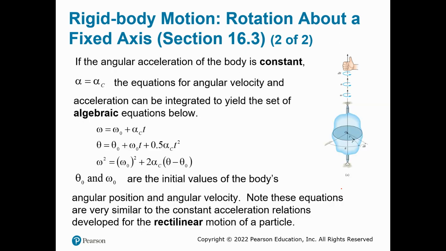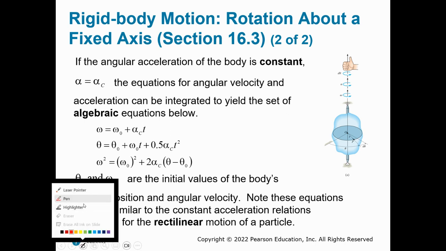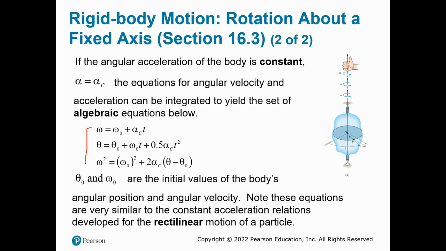If the angular acceleration of the body is constant, so I have alpha equals alpha c, where alpha refers to angular acceleration, the equations for angular velocity and acceleration can be integrated to yield the set of algebraic equations shown below. Notice that these three master equations are very similar to the linear ones that we've seen before, except they are for angular.